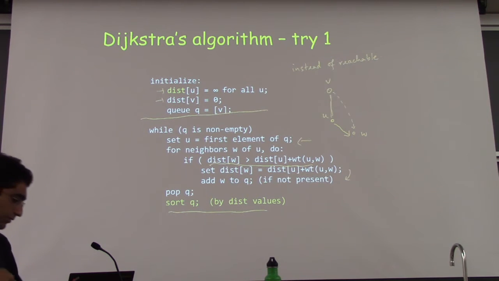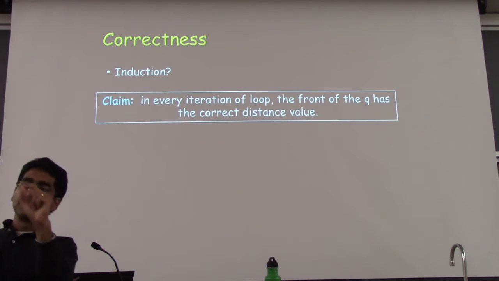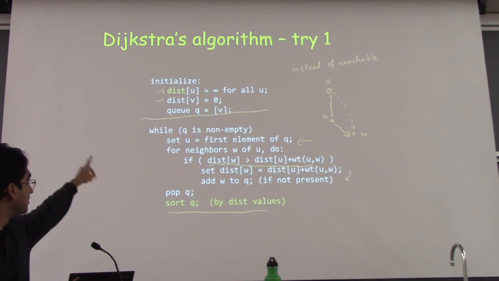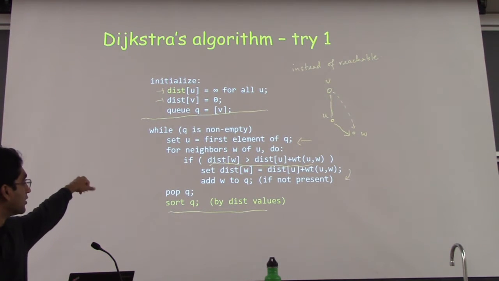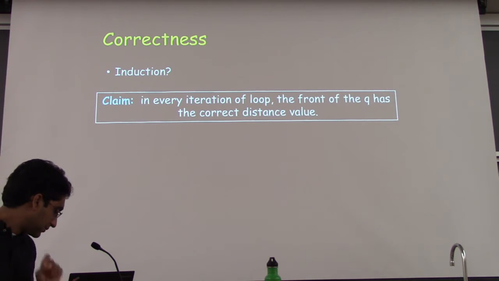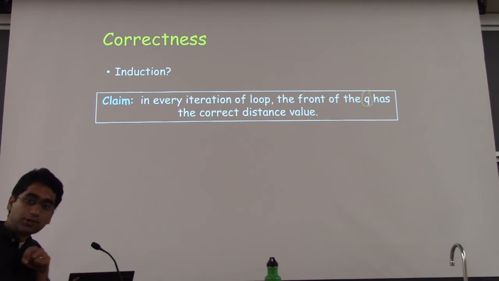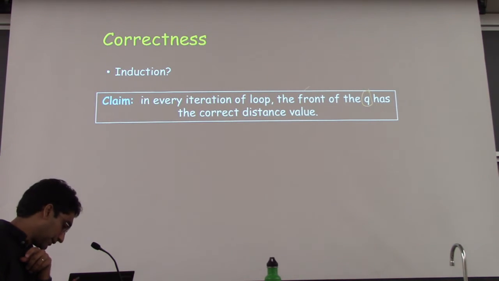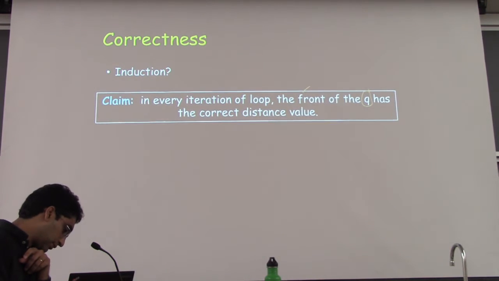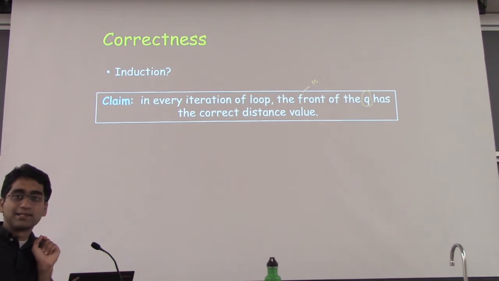So what I want to claim is that every time you do this loop, so the algorithm has this while loop, the element at the front of the queue, this is that vertex, I think we called it U, has the correct distance value.